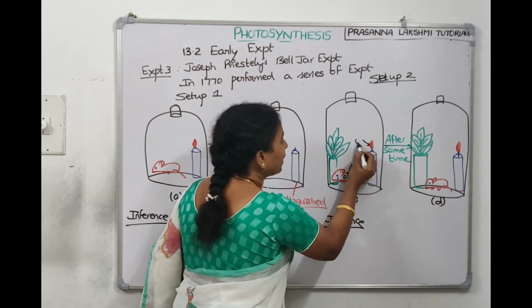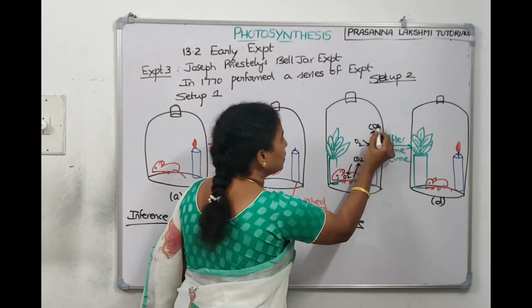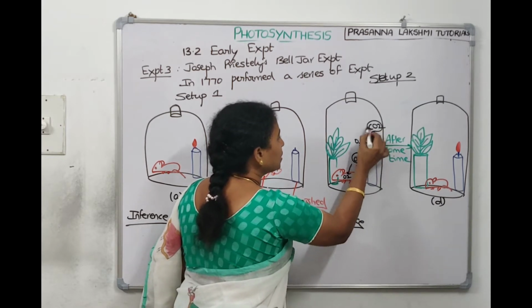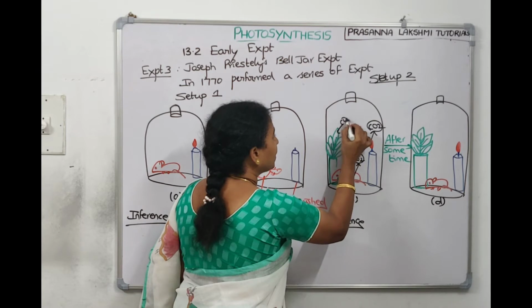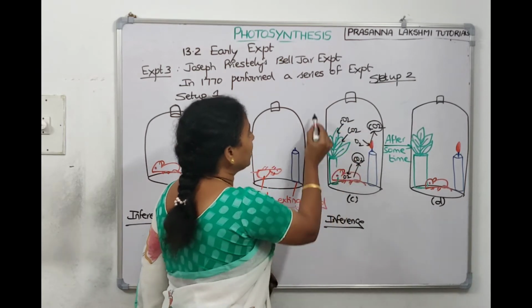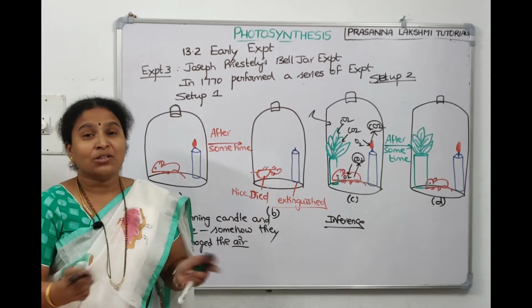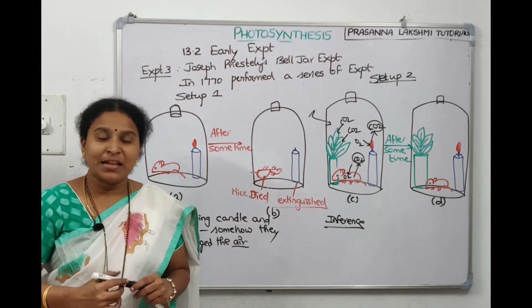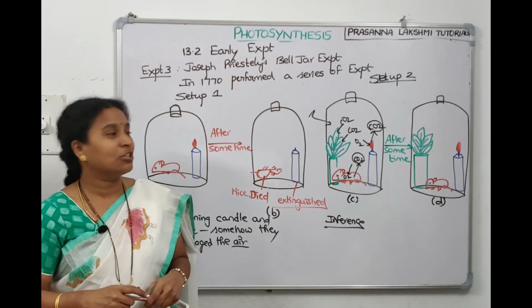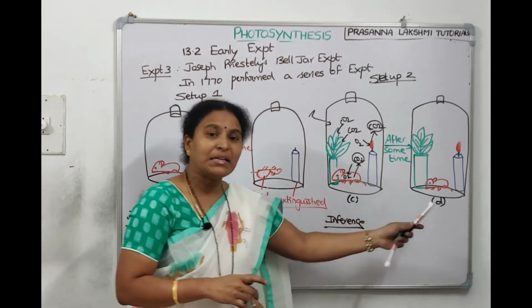Burning candle also will take O2 and release CO2. This CO2 the plant will take. With sunlight the plant will do photosynthesis, and the plant is growing. So they are benefiting each other. See, they are exchanging their gases and benefiting each other. So that's why nothing happened, it remains as it is.